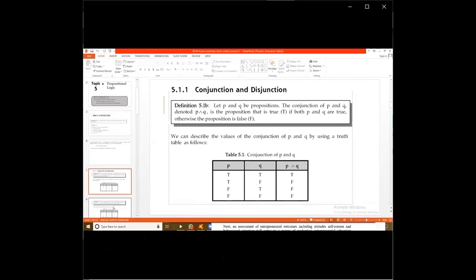Once I do that, I've formed a compound statement. So there are a number of principles that are used in combining statements. But before we proceed, let's take a little exercise.